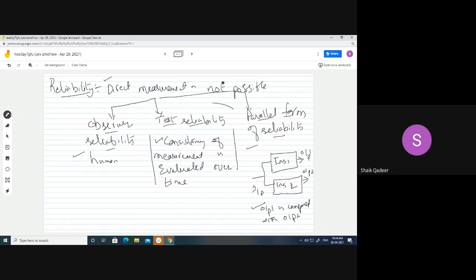However, there are many indirect methods which facilitate to estimate reliability.